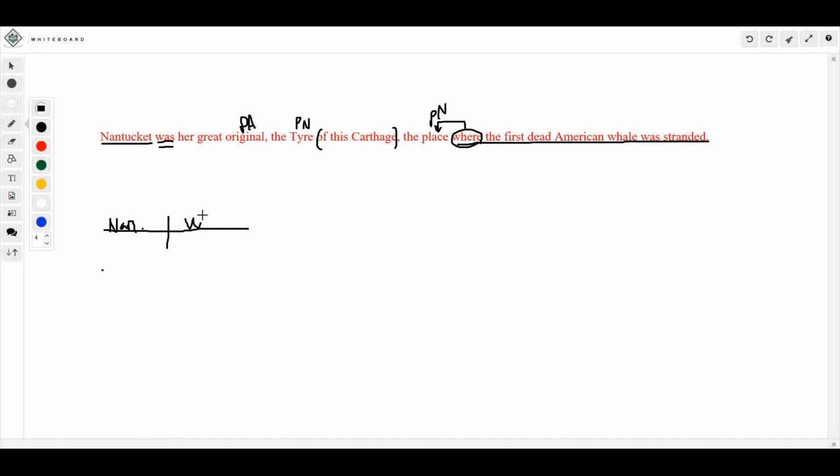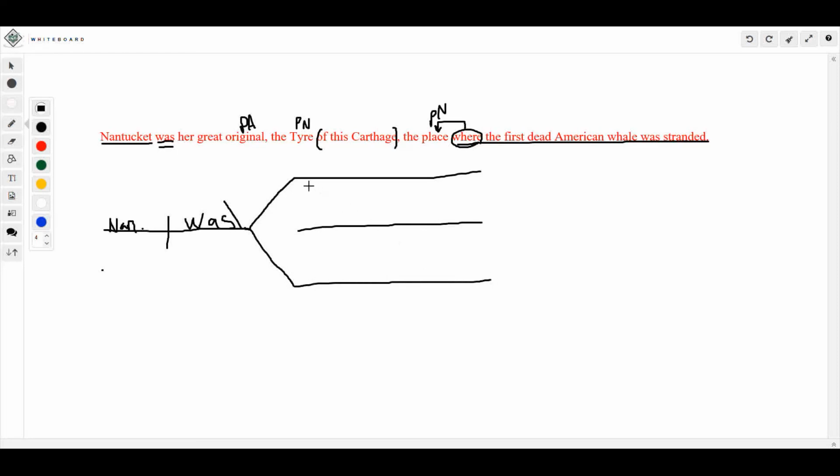And then our verb is was. Okay, then remember we do this. Now, here's where we've got to go out for the first one. Then we're going to have another one. We have a third one.